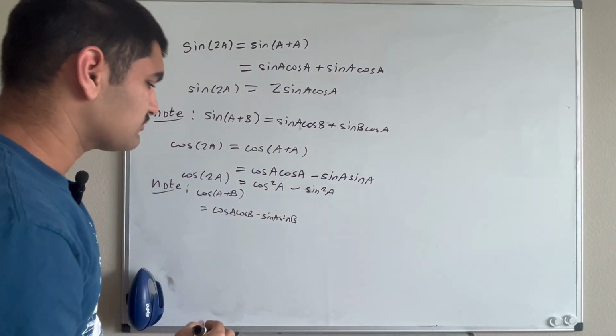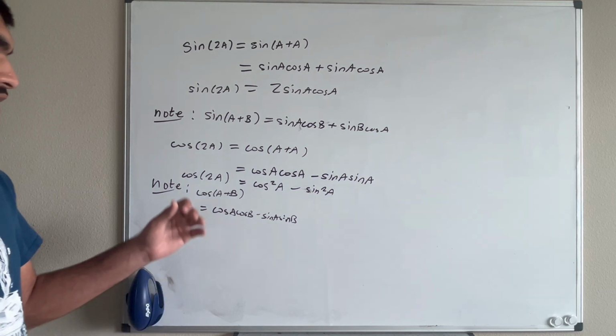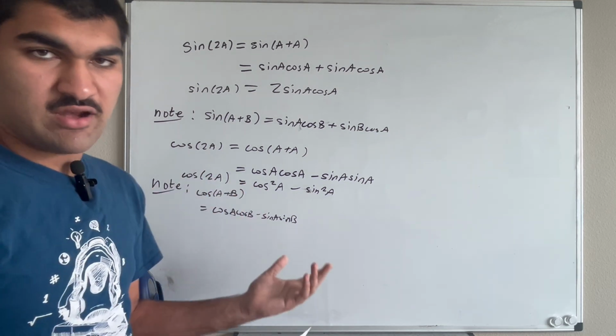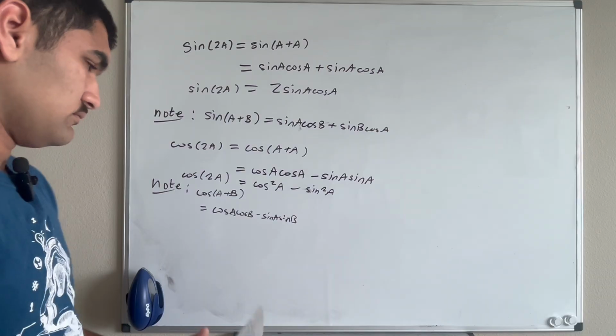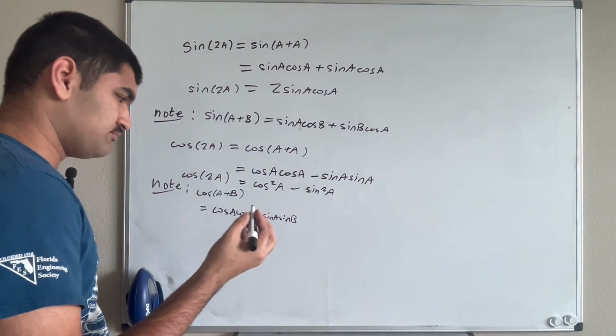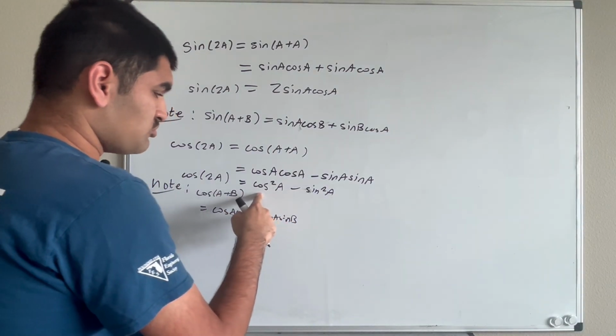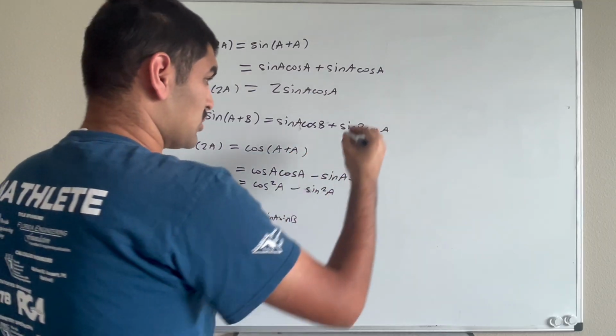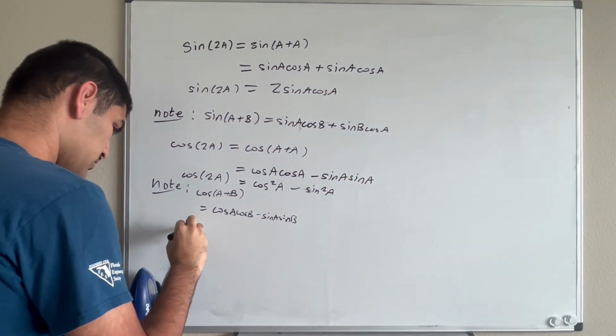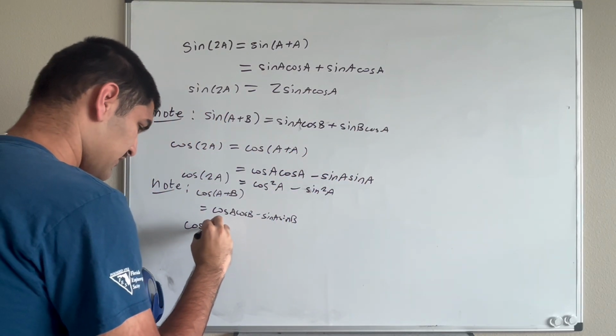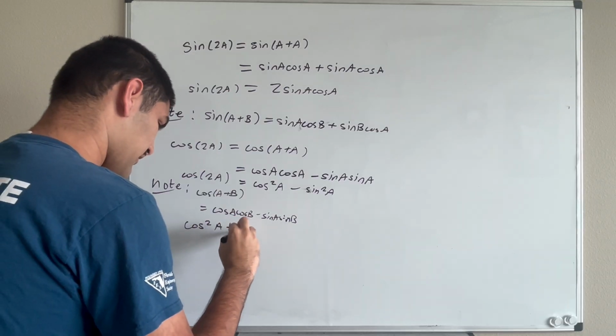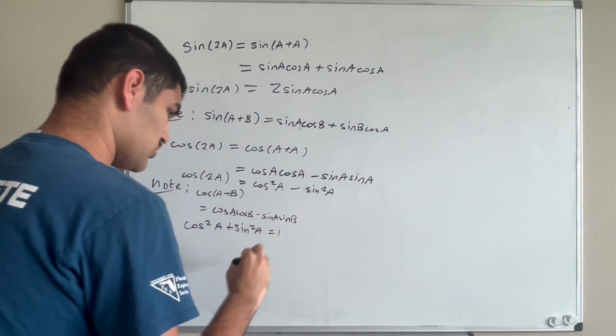But then remember that cosine of 2a has 3 different representations, right? It has 3 different identities. So this was one of them. So then how do you get the other 2? So we can use Pythagorean, right? So remember the Pythagorean identity that says that cosine squared a plus sine squared a is equal to 1.